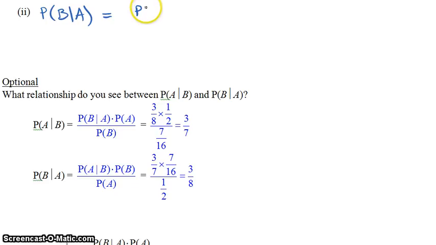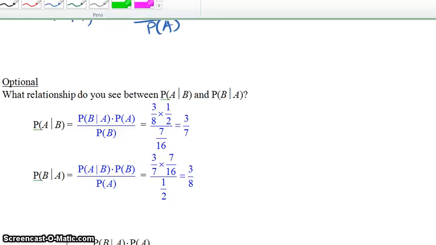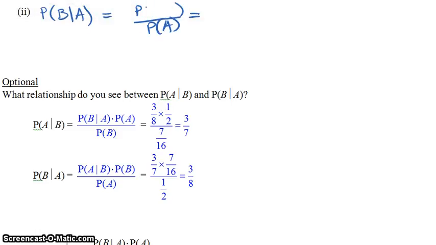This is going to be the probability of B and A, my mistake, divided by the probability of A.